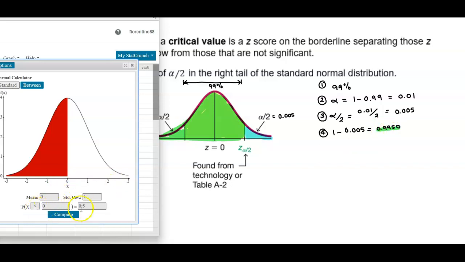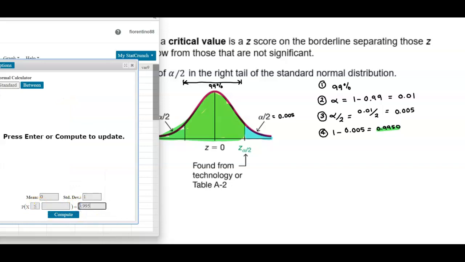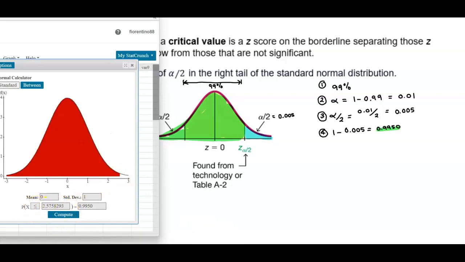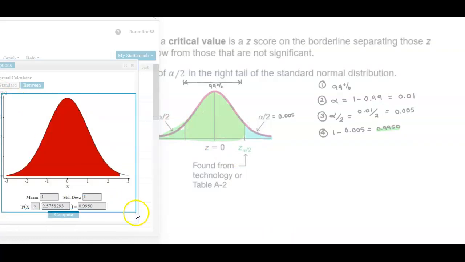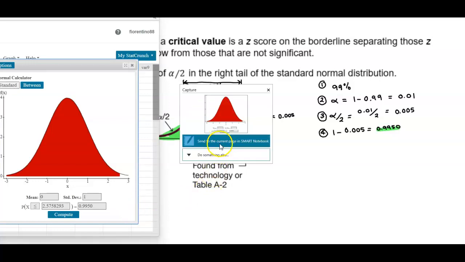Then we put in 0.9950, and we know this is going to the left, and you're going to see what that z-score is over here. So let me copy this so you can see this is one way of determining that positive z-score.